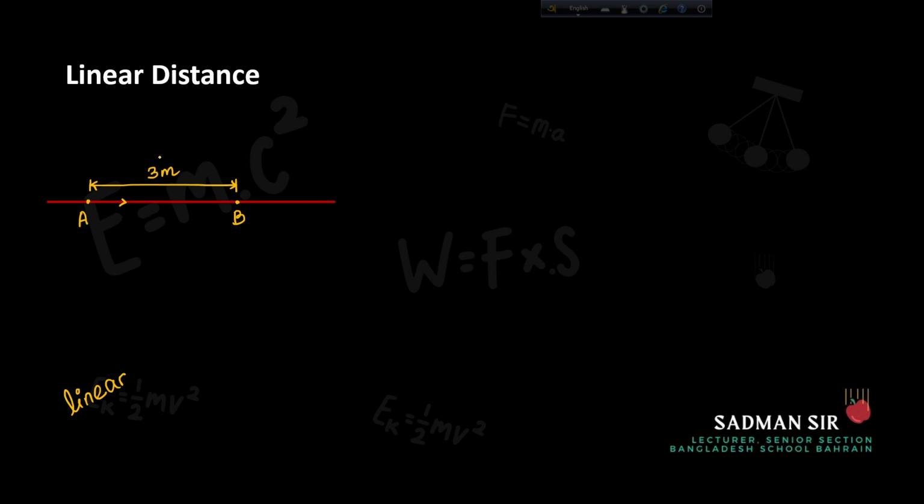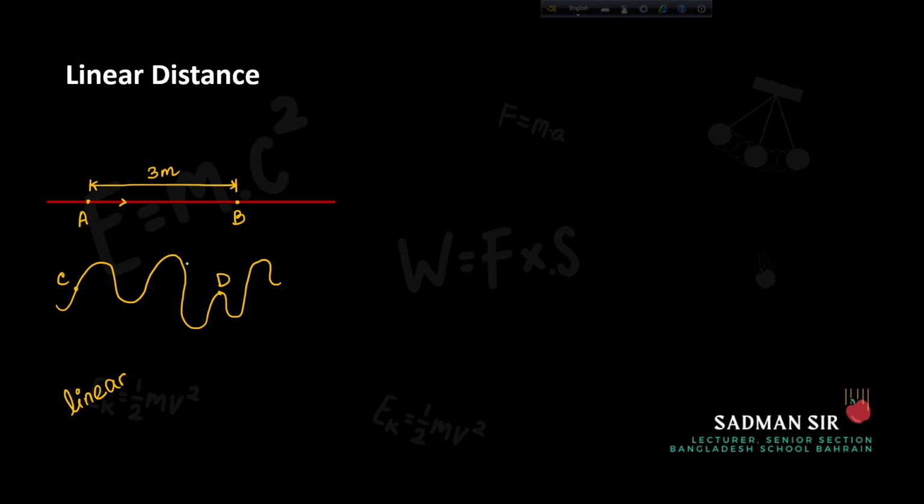Now it's not necessary that it has to be a straight line. It can be a curved line also. We know that in the hilly area the roads are like this, curved, right? So again, if a car starts its journey, let us say this is point C, and it travels this path and comes to point D, we can measure the length of this path, right?